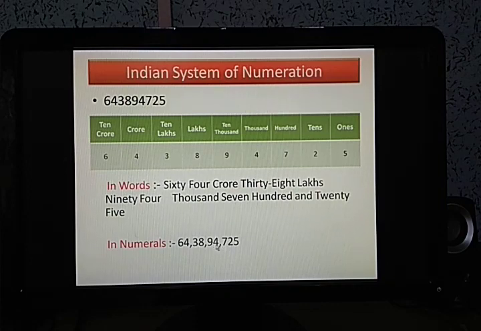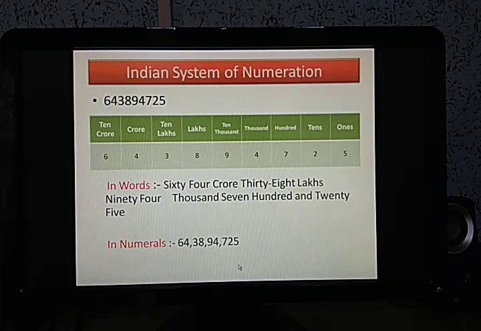Then after the 1,000 and 10,000s place, again a comma. Then after the lakh and 10 lakhs place, another comma. And then after the crore and 10 crore place, another comma. So the pattern that is followed is 3 digits, then 2 digits, then 2, and again 2. So in this manner, we follow the Indian system of numeration.